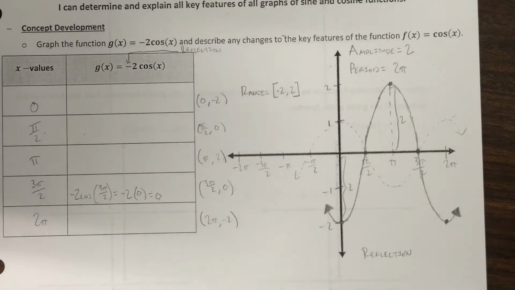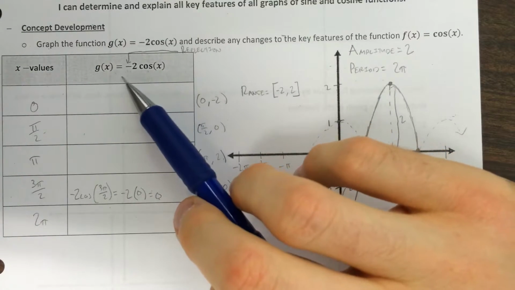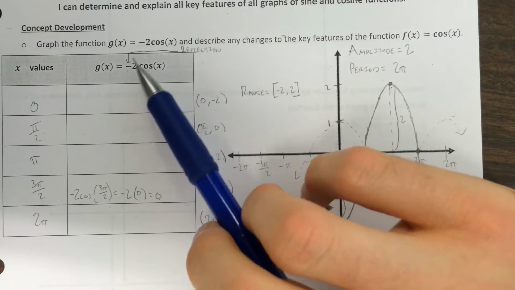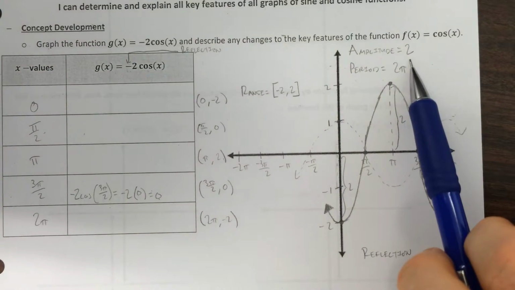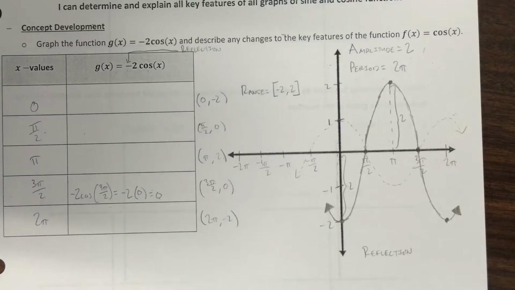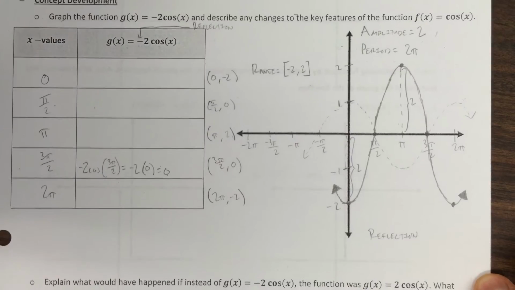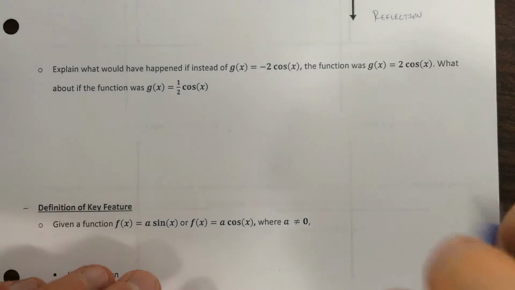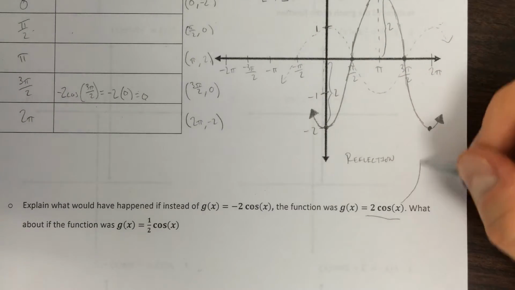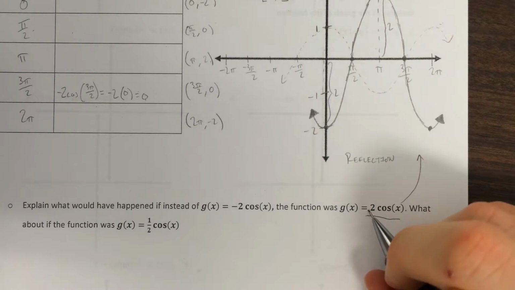So what's happening here is, if we're multiplying our parent function by a negative value, it's going to reflect. However, if that value is not 1, that's going to dictate our amplitude. Because we multiply by -2, the absolute value of -2 is 2, that's our amplitude. So for example, if you want to pause, take further notes, rewind, that's fine. Here, if it was just +2 cosine of x, there would not be a reflection since it's not negative.